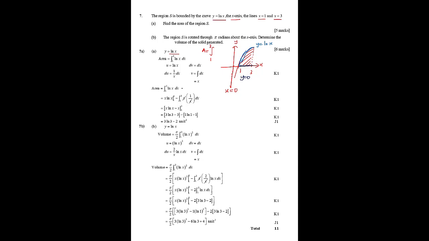So to find the area, you integrate from 1 until 3 of ln x minus 0 dx. So you will get the formula for the area.